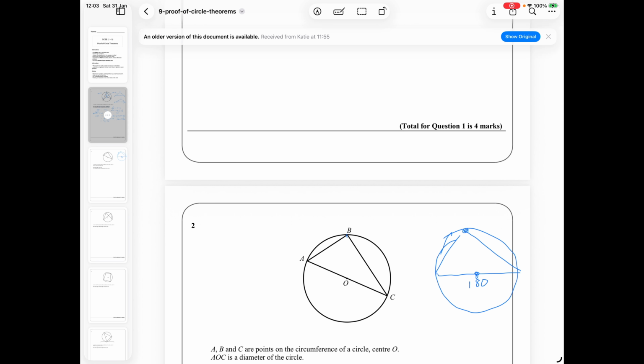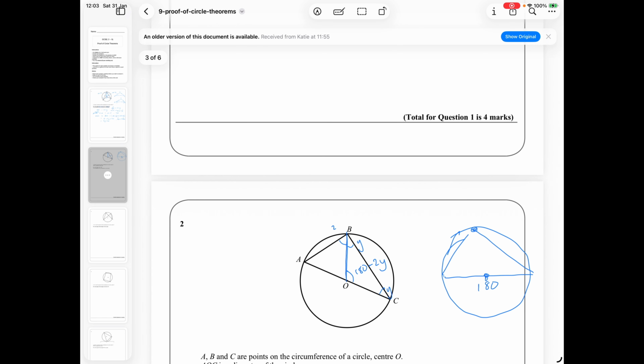So we do the same thing in order to prove it, but it really is kind of the same. We'll just create two triangles. One is going to have y and y there, and then that would be 180 minus 2y. You see where this is going. This is x, and this is x, because those are both radii, and then that would be 180 minus 2x.